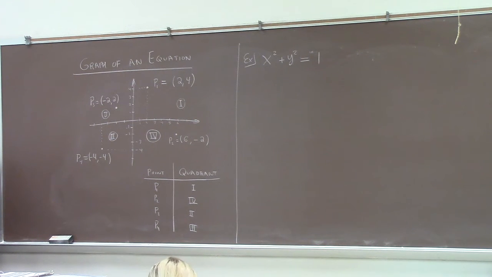How can we understand what this equation is? Actually, does anybody here know what this equation is already? What is it on a graph? Any idea? Let's figure it out, right?